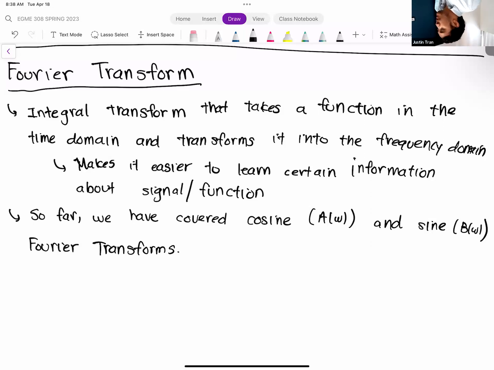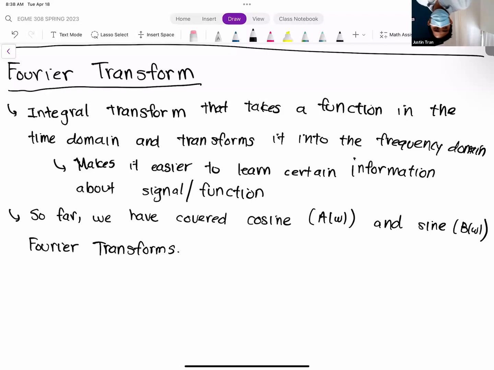Just to remind you, the cosine Fourier transform is the function a of omega, and the sine Fourier transform is the b of omega function.